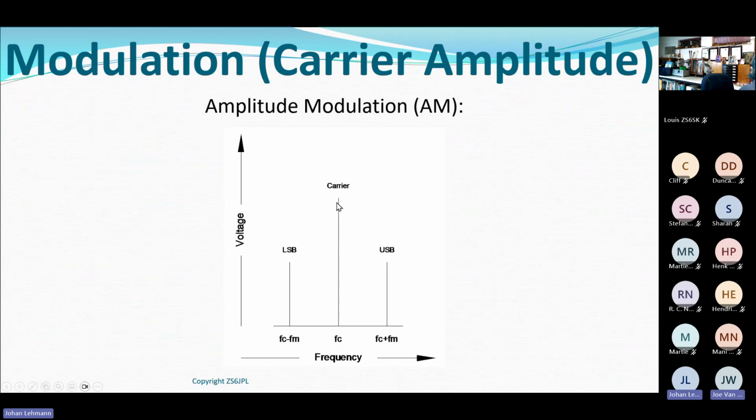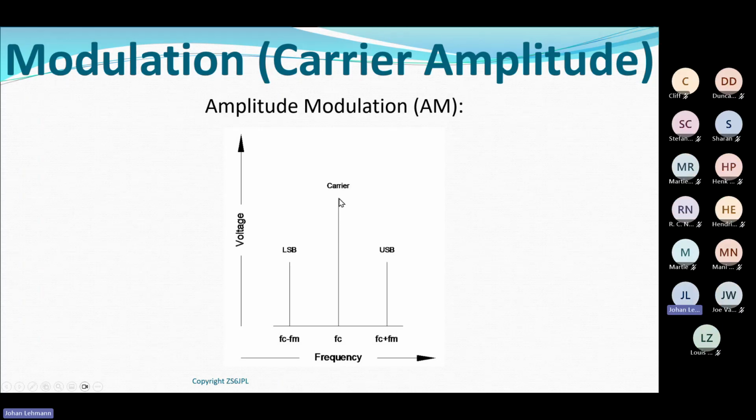Two thirds of my power, of my energy, is wasted in my carrier frequency, and it's doing nothing. It doesn't carry any information. It doesn't have any data. It serves no real purpose in life, but it's wasting two thirds of my energy, my watts that are going to my antenna.